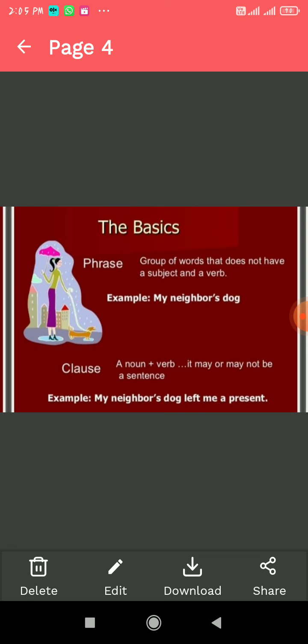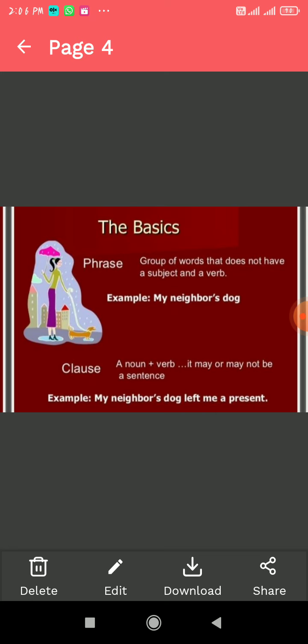Now there is a difference between the phrase and the clause. Well, what is a phrase? A phrase is a group of words that does not have a subject and a verb. Example, my neighbor's dog. It is a phrase which makes incomplete sense.